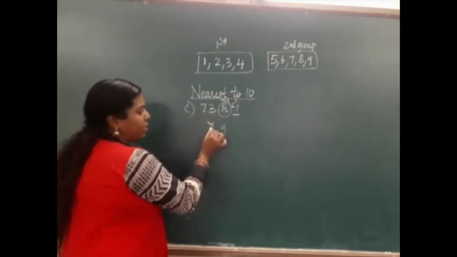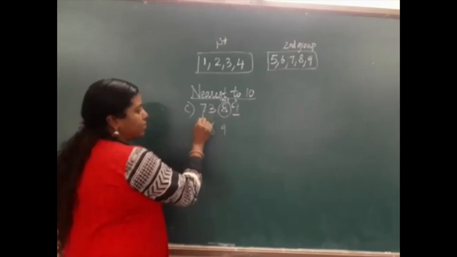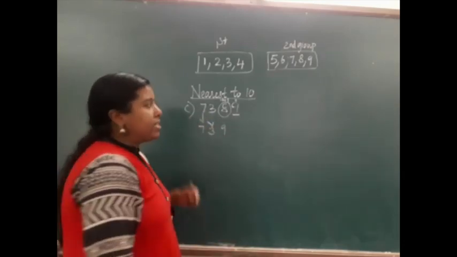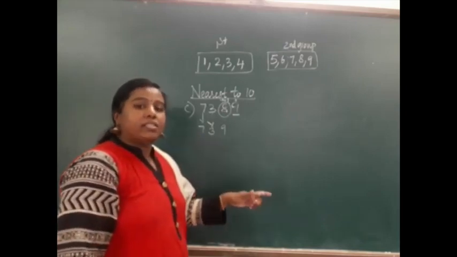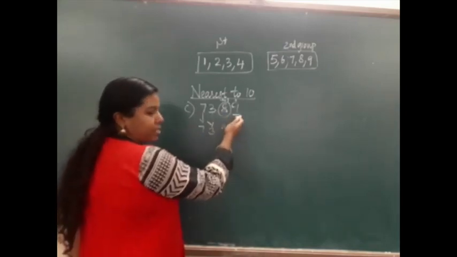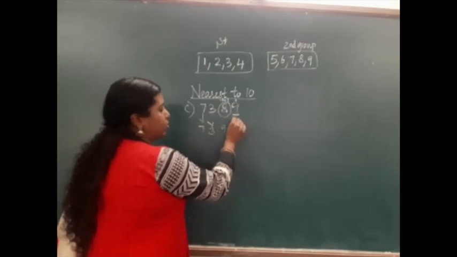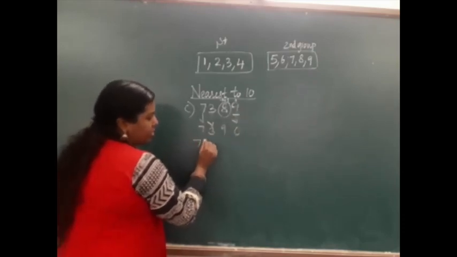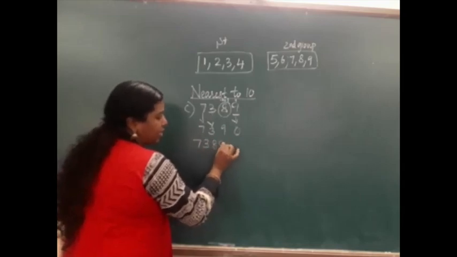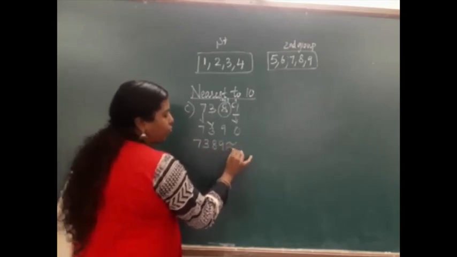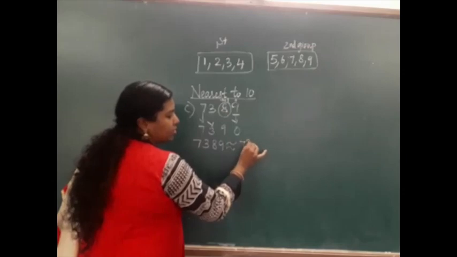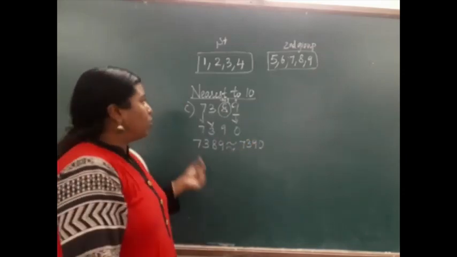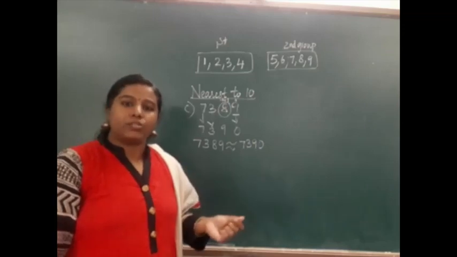So 3 will be written as 3 only, 7 will be written as 7 only, and the next step is change all the digits to the right of the circled digit into 0. So 9 becomes 0. So 7389 is rounded off to 7390. Hope all of you learned how to round the numbers nearest to 10.